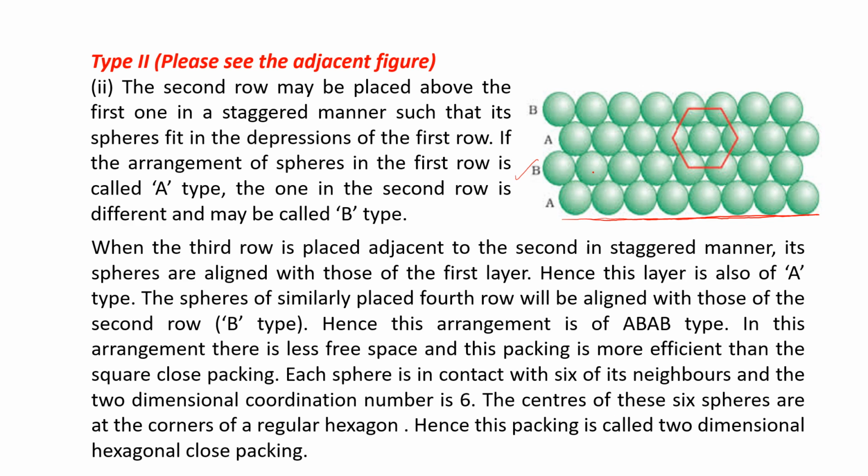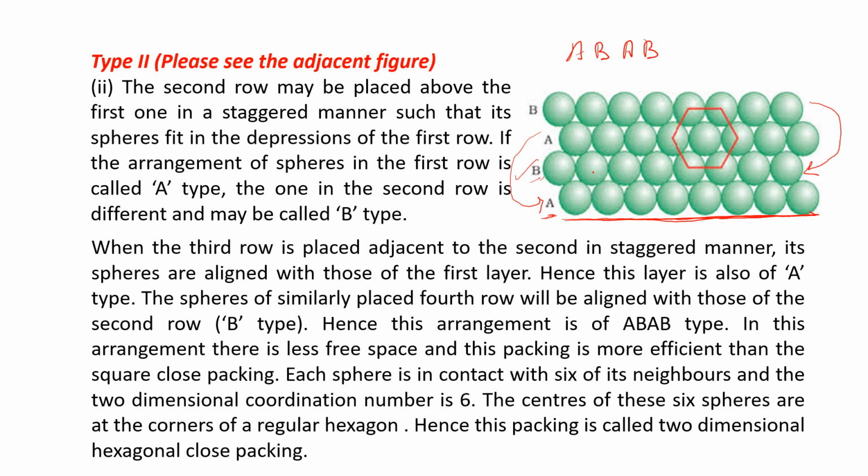Now see the third row. The third row is again the same as the first one, and the fourth row is again similar to the second row. If we denote the first type of arrangement with A and the second type with B, then the arrangement is AB type.